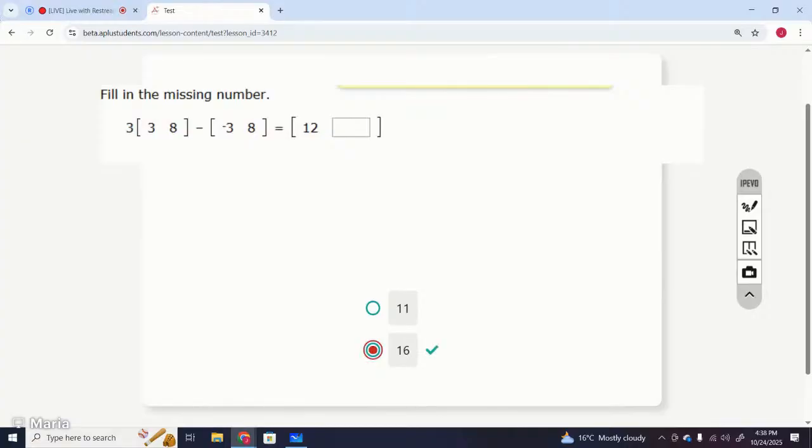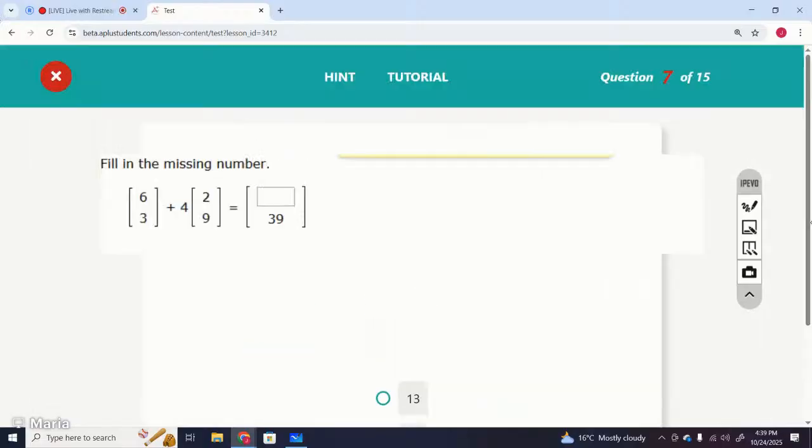Sixteen, it is. Option number 2 is the correct option. That is 4 times 4, it is. Option number 1 is the correct option.